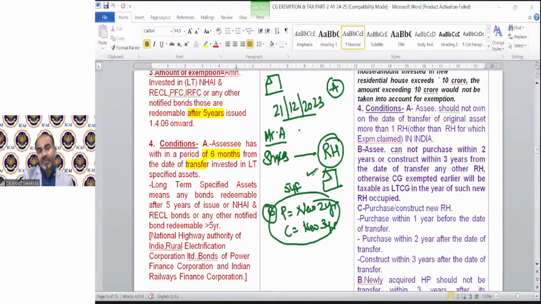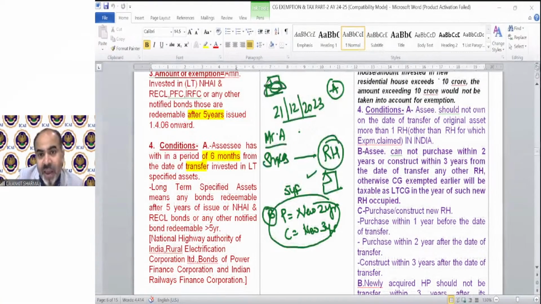Now the interesting point. In condition A, we saw that you cannot have 2 over here and 1 here, so you cannot have 3 residential houses. But suppose the assessee does not have any residential house earlier, and on 21st December he transferred shares, bought a residential house and claimed an exemption. He did not have any other residential house. Even then, once you claim the exemption, you cannot purchase or construct another residential house within 2 years or 3 years from the date of transfer.